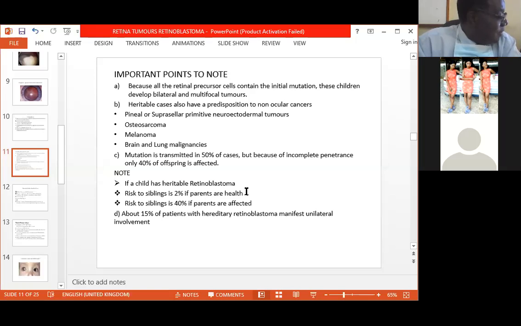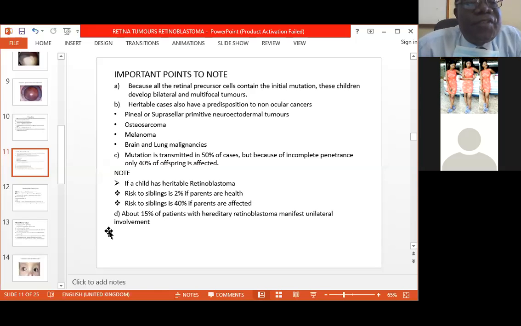You understand that one? Okay. A child has heritable retinoblastoma. The risk to siblings is 2% if parents are healthy. The risk to the children of a parent who has heritable retinoblastoma is 40%. The risk to siblings is 40% if parents are affected.